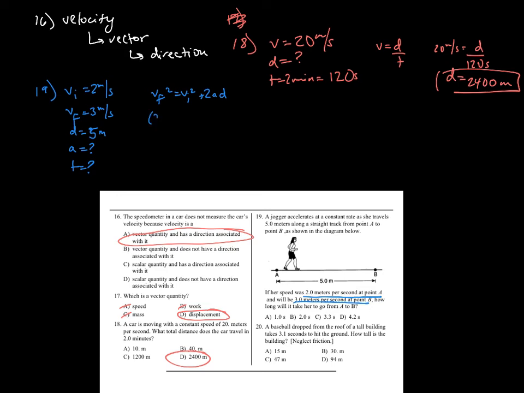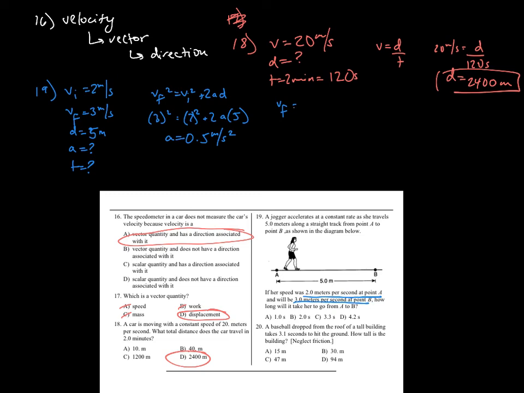So that's 3 squared equals 2 squared plus 2a times 5. So 9 minus 4 divided by 10 gives you 0.5 meters per second squared as your acceleration, which you then carry over to solve for time.